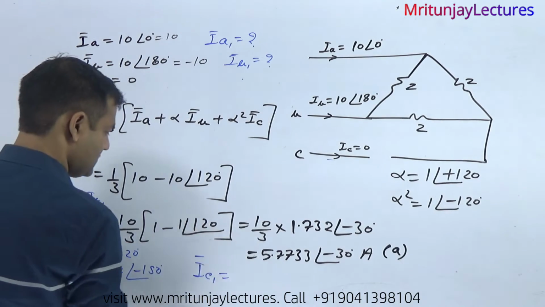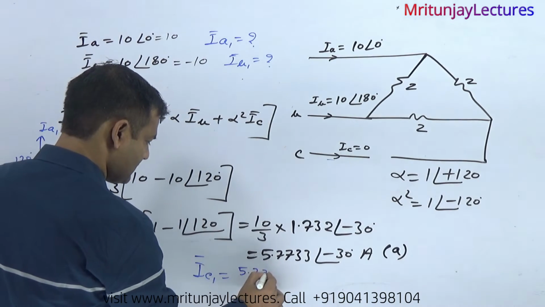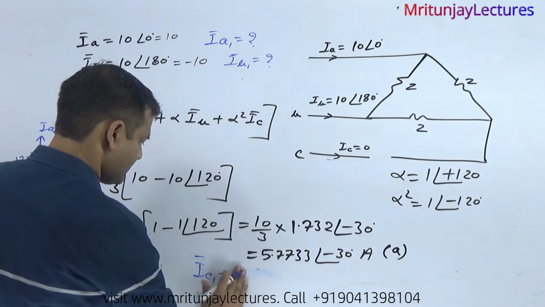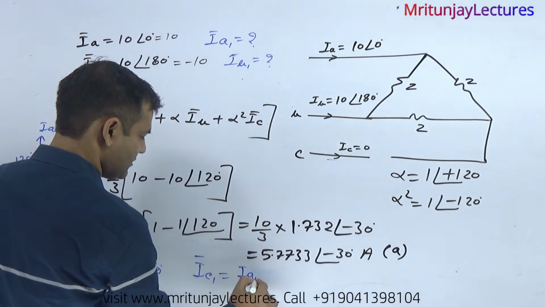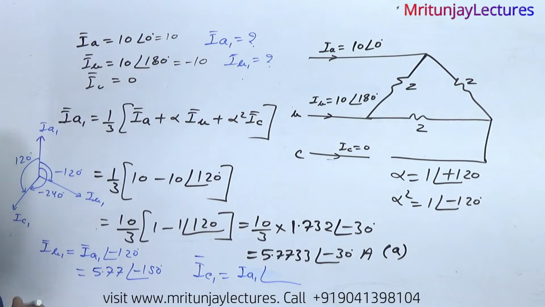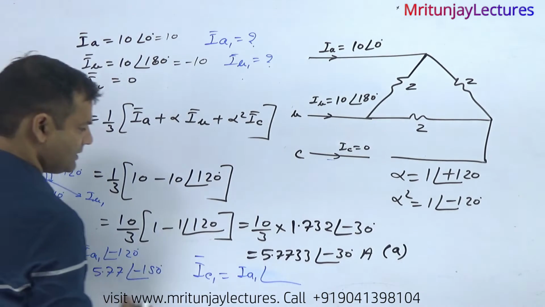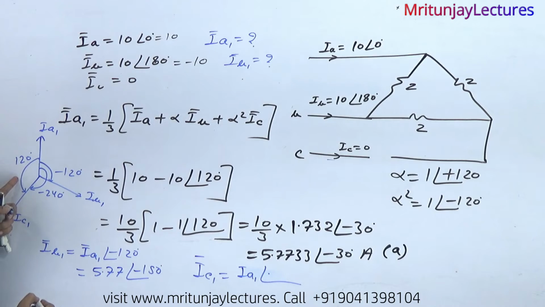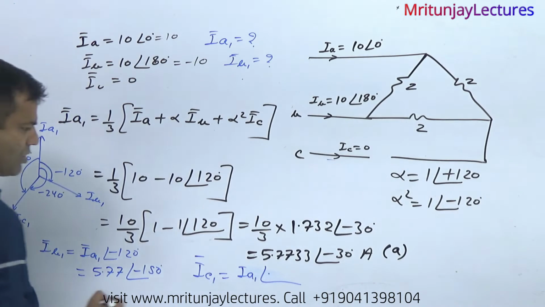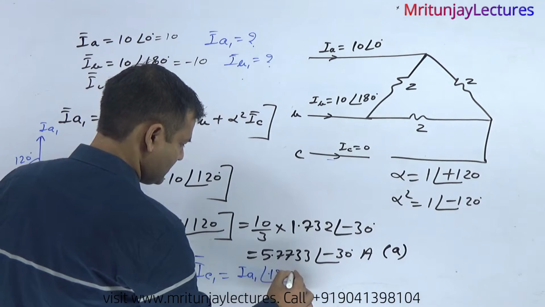Sorry, first of all, according to this concept, IA1 at the angle minus 30 plus 120 plus 120.